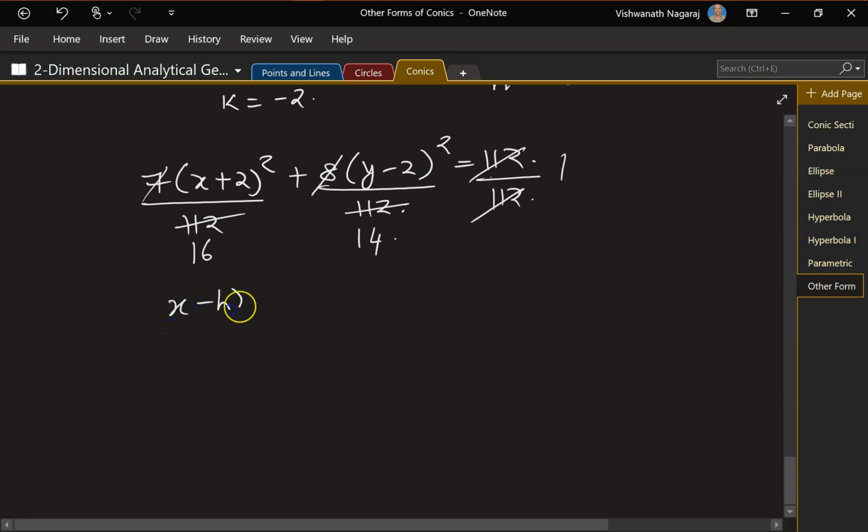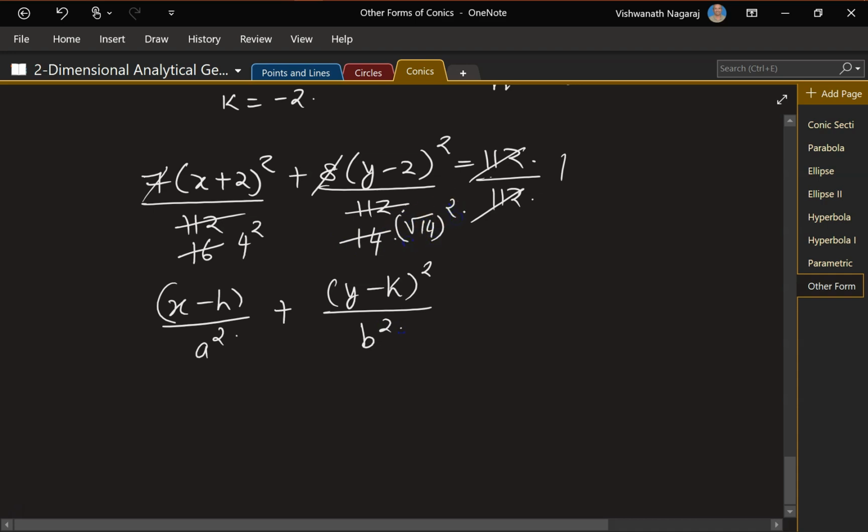X minus h by a square, because this can be written as 4 square, plus y minus k square by b square, because 14 can be written as square root of 14 square is equal to 1.